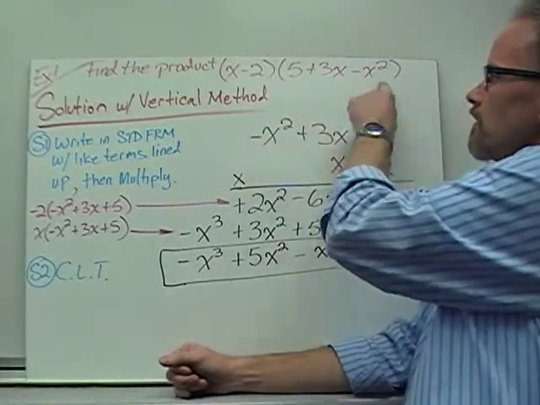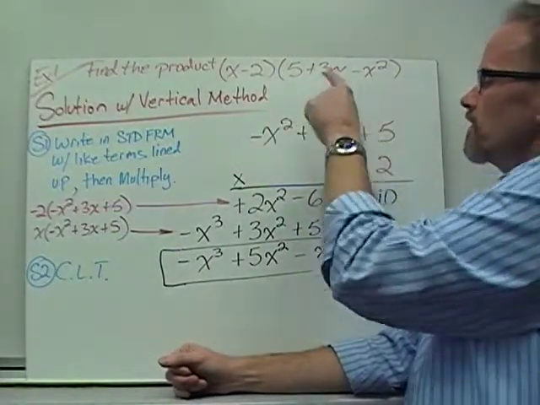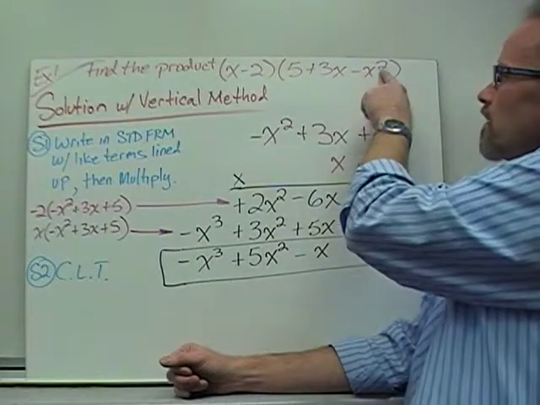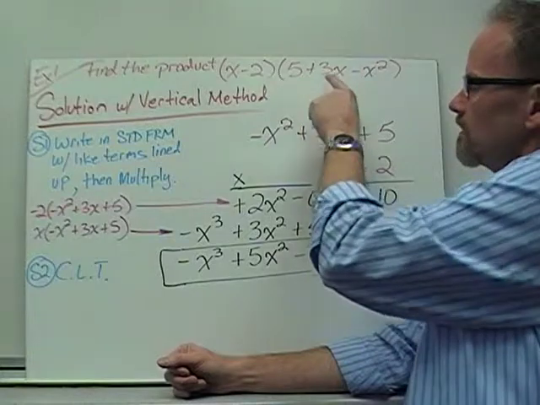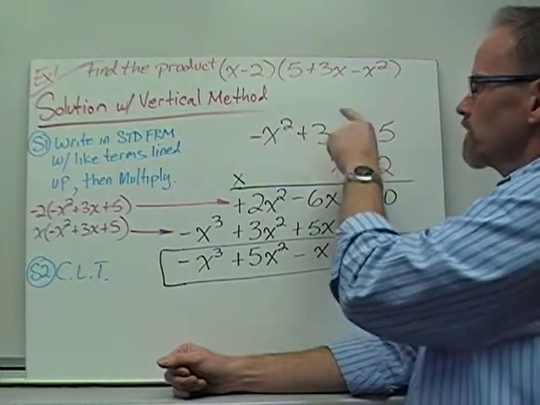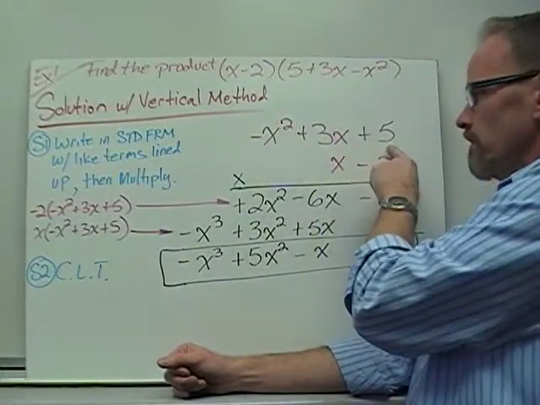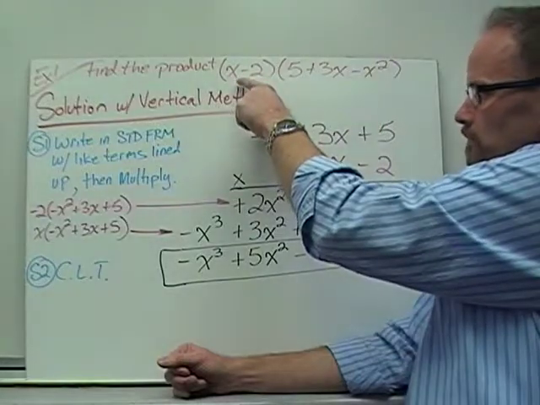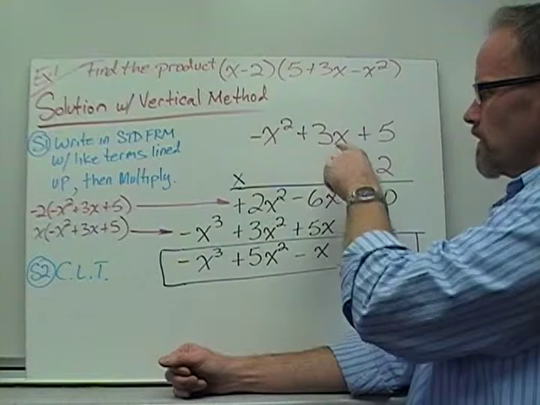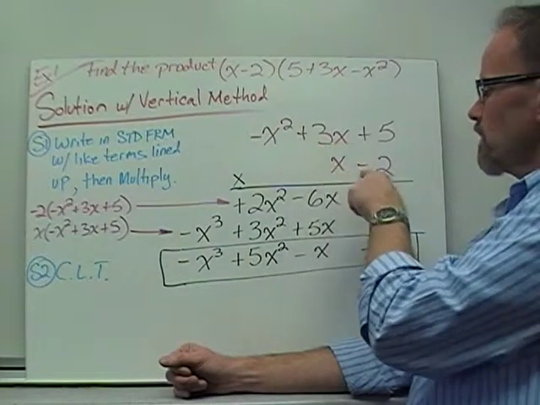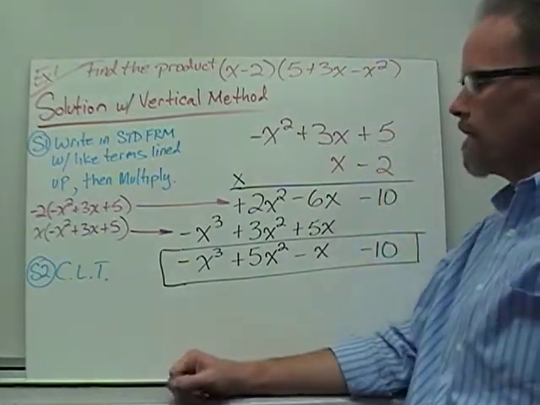So I'm going to take this quantity here and put it in standard form. Negative x squared is the highest degree, the next highest is positive 3x, and then of course the constant, positive 5. Take this quantity and line up the like terms, so positive x goes here and a negative 2 goes there.